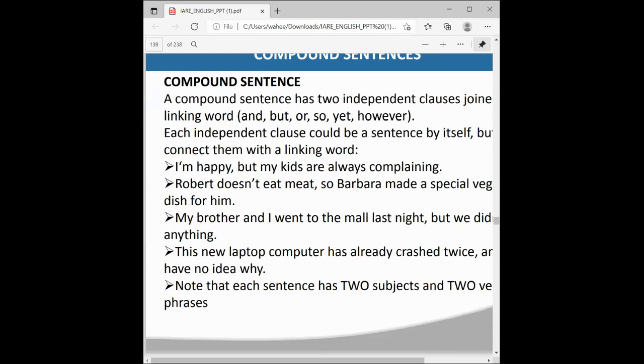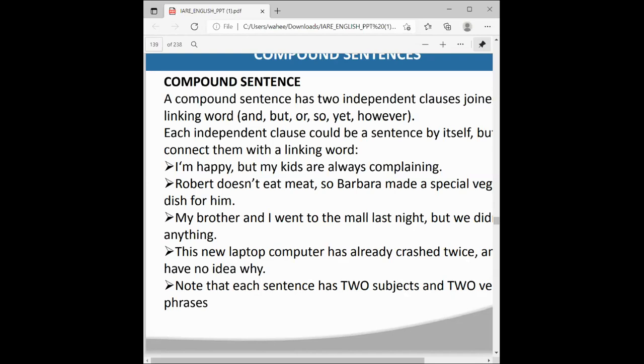They are joined by a linking word, sometimes and, sometimes but, or, so, yet, however. Each independent clause could be a sentence by itself, but we connect them with a linking word.